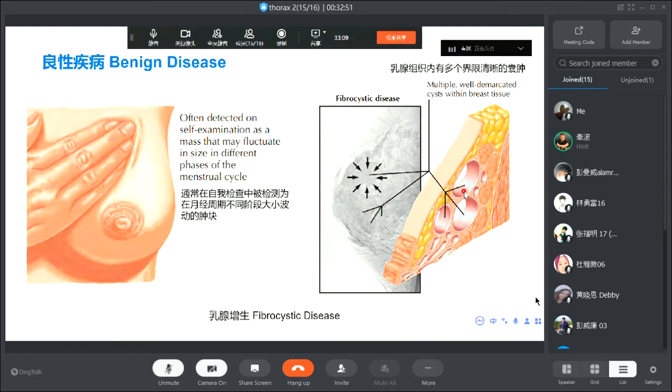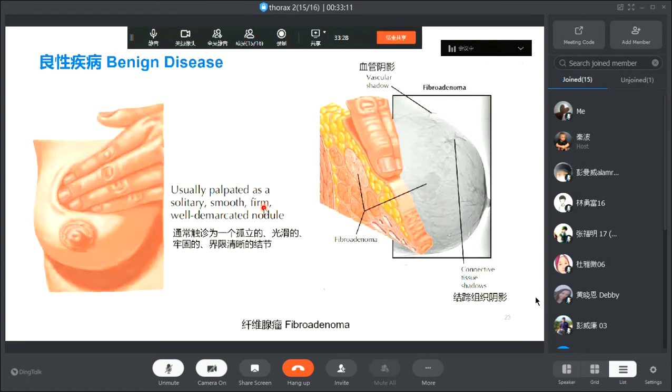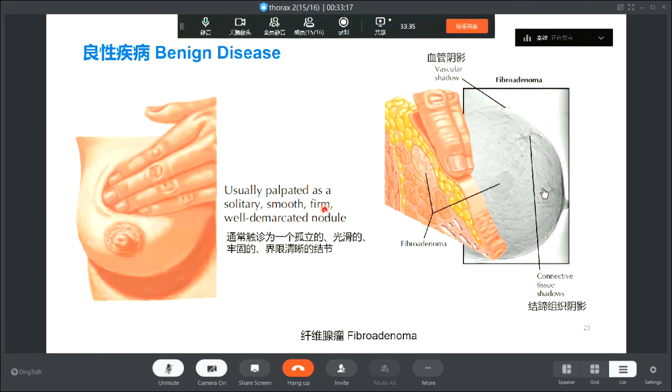So you can feel it with your finger, and this is fibrocystic disease, a benign disease. And then the next benign disease is called fibroadenoma.